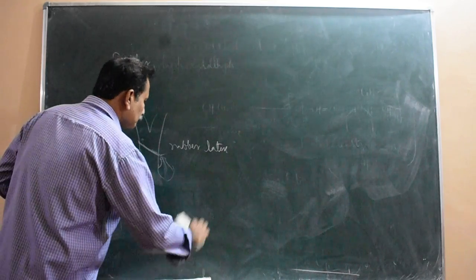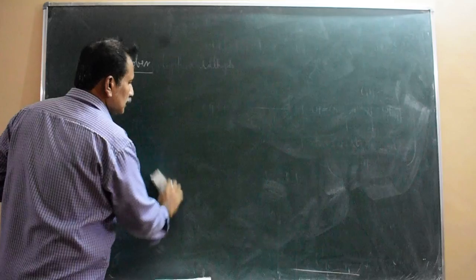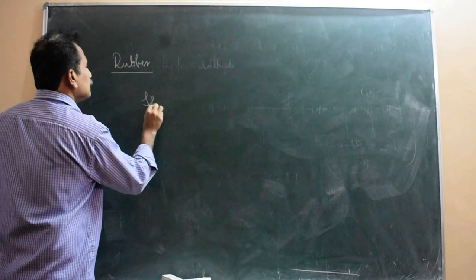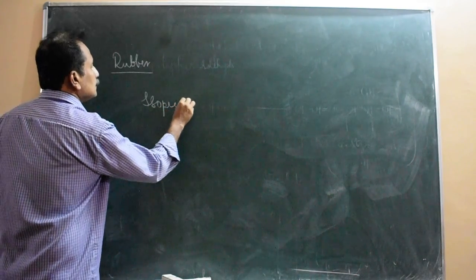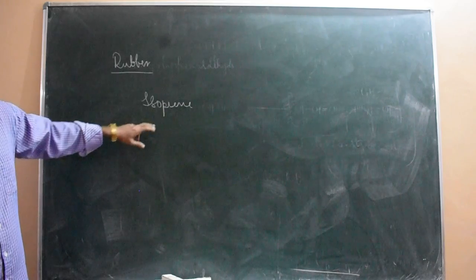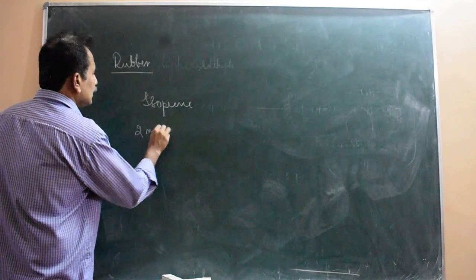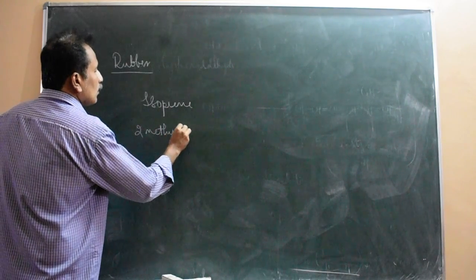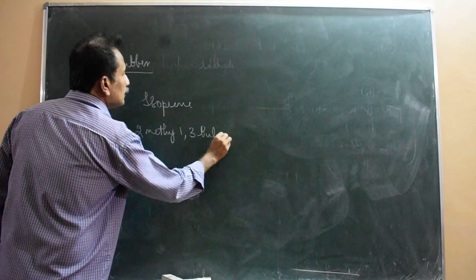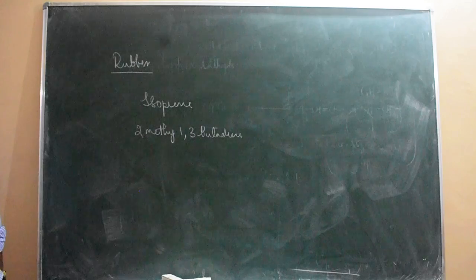Now rubber is nothing but a polymer of isoprene, or you can call it polyisoprene. Now what is isoprene? Isoprene is 2-methyl-1,3-butadiene.